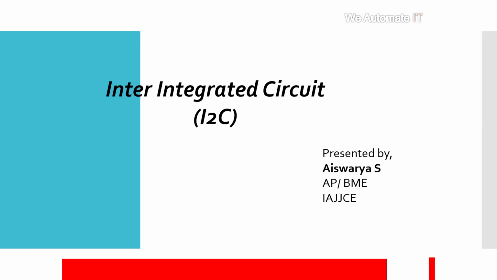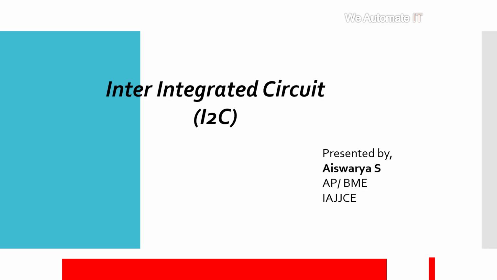This is the benefit of using Inter-Integrated Circuit, because with a microcontroller we would otherwise use many wires to connect the system to many components, but by replacing that with I2C, all these devices can communicate using only two wires.